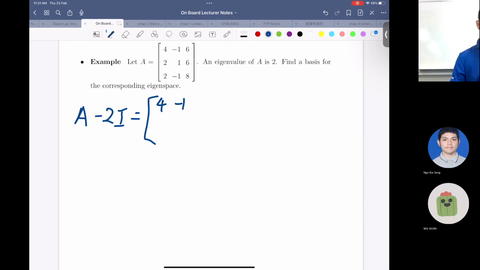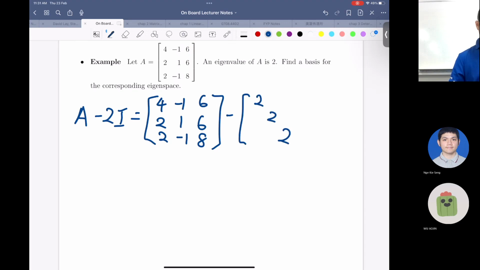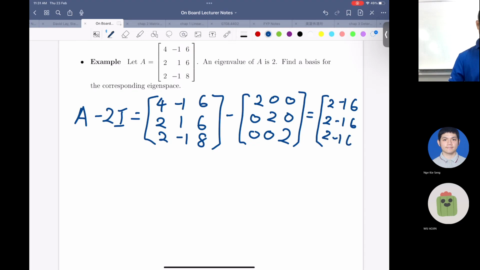Any progress on row reducing? You can discuss with your friend if you want. Oh, so easy, this A minus 2I.